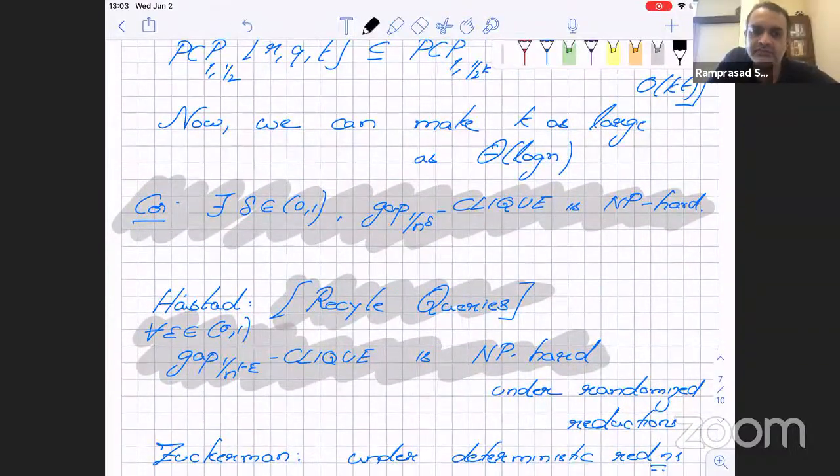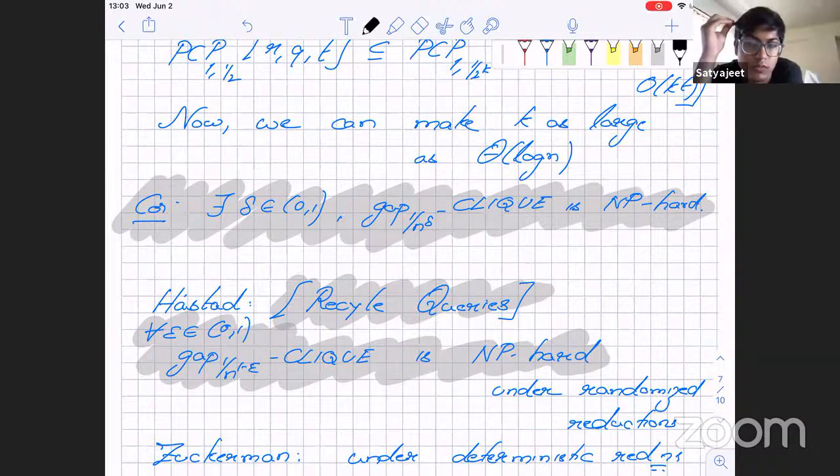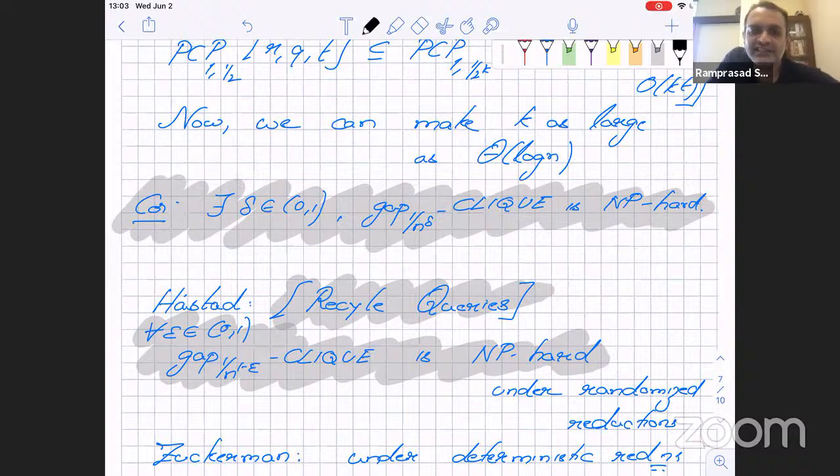I give you a graph where you know that the largest clique is of size, let's say, n by a million. Harstad's result says it is hard for you to even get a 1 over n minus epsilon approximation for this. Which means you can't even convince yourself that there is a clique of size n to the delta in this graph, where delta is basically playing the role of n to the epsilon in this graph.